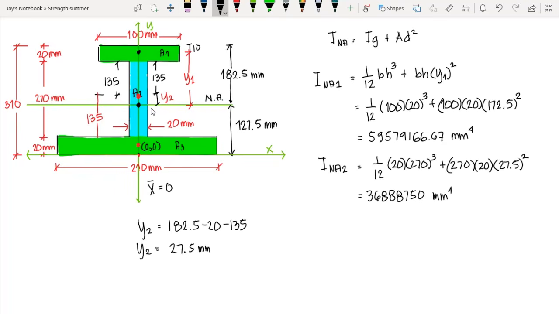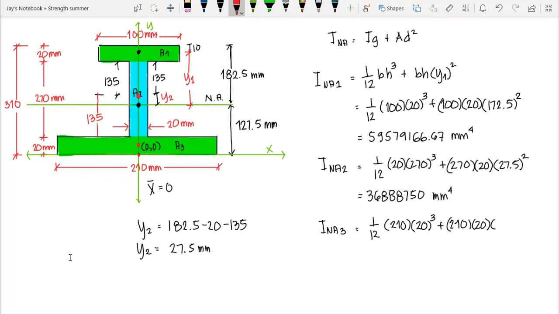Lastly, we have the transfer moment of inertia of this one, section 3, that is, let's say, INA3 equal to 1/12 times the base, that is 210, times the height, that is 20 raised to the 3, okay, that's b h cubed over 12, then plus the area, that is 210 times 20, correct, times the centroid to the neutral axis.